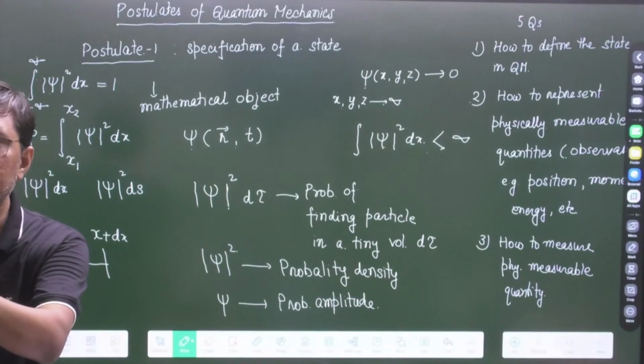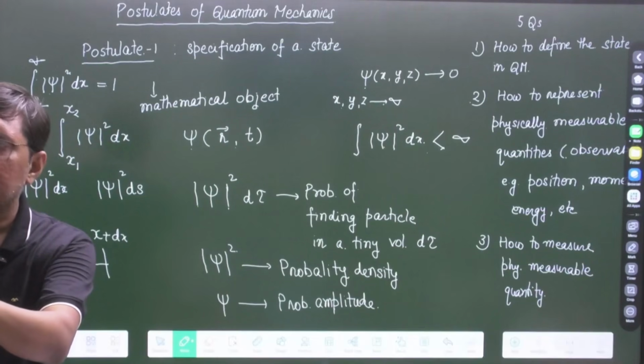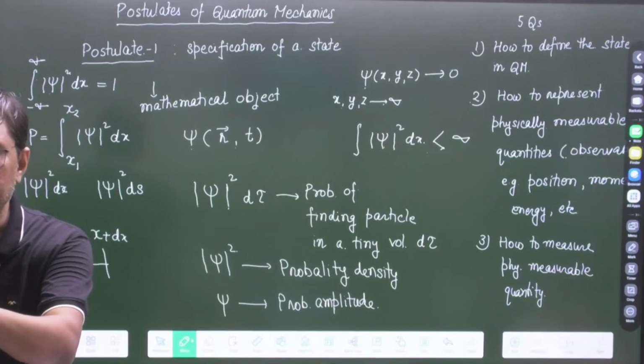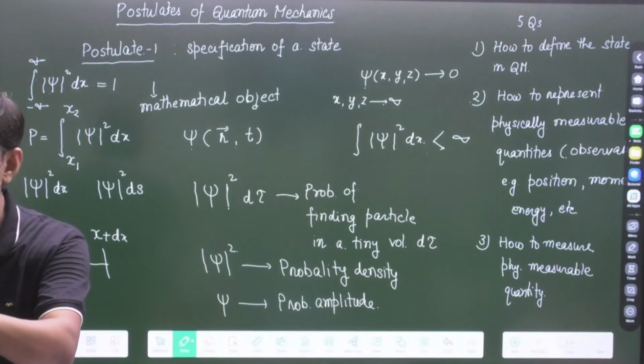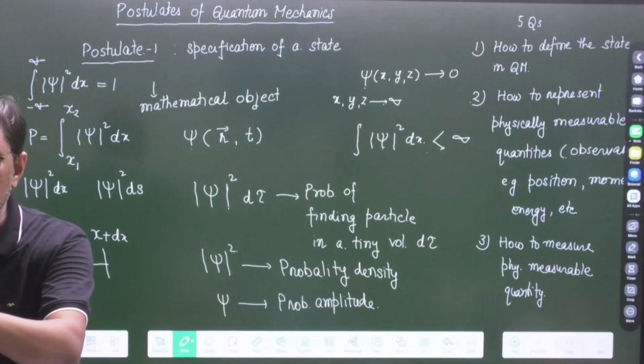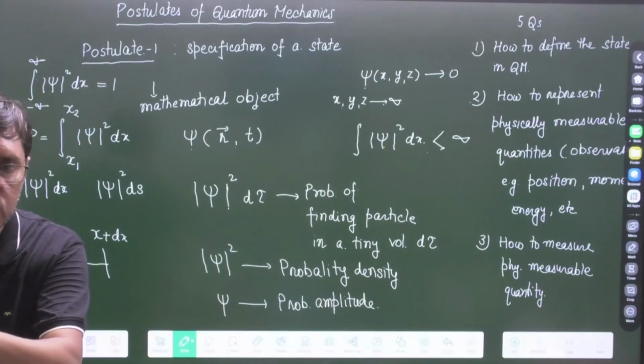Can this psi have two different values? Can it be double valued? No. Psi will be a single valued function. Otherwise, in this volume, you are going to get two probabilities.